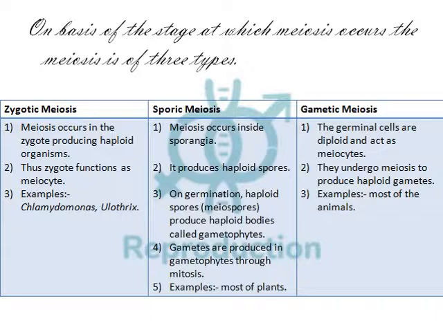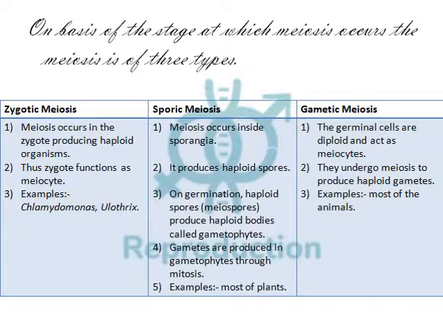Gametophytes are the structures which will further produce gametes. As the sporangia produce haploid spores, they will produce a haploid gametophyte. Therefore the gametophytes will produce haploid gametes through mitosis.